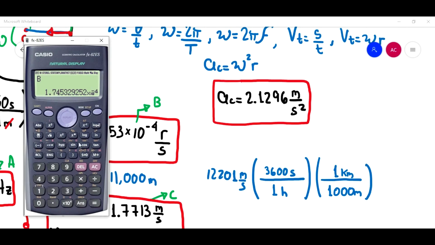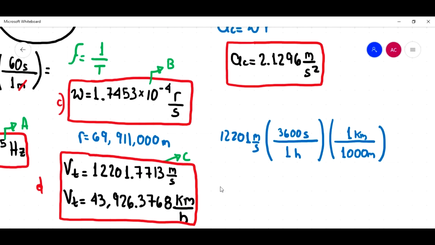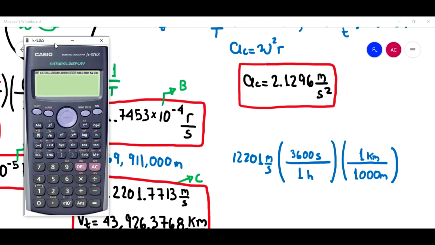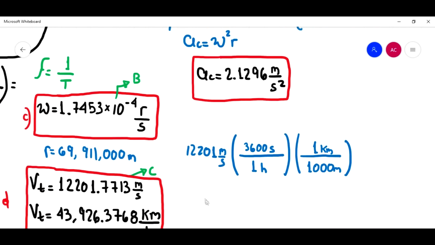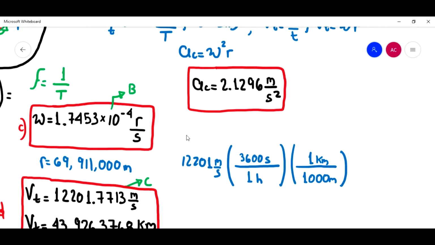Let me make that equation again, because I don't know why I'm so skeptical about it. 69,911,000 times alpha b squared. Yeah, okay, that is the acceleration. It's so little, the centripetal acceleration.